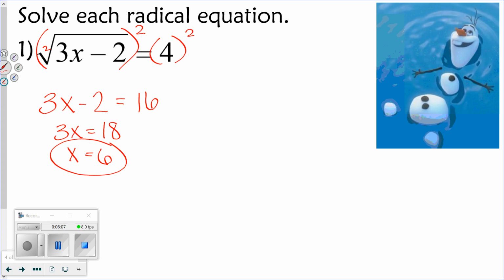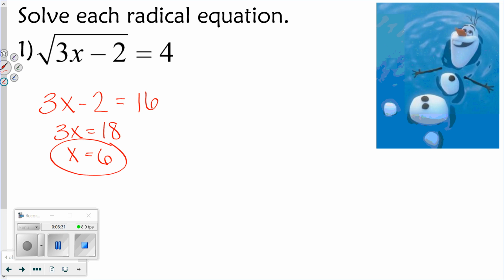Now, the directions were to check, so let's go ahead and practice checking this just so we can get used to it now before you have to. You always go back to the original. So if you go back to that original, this is where you grab your calculator. It's usually a lot easier, especially if basic math is not your strong suit. And you know who you are. Go ahead and type in the radical, so it's just a square root.